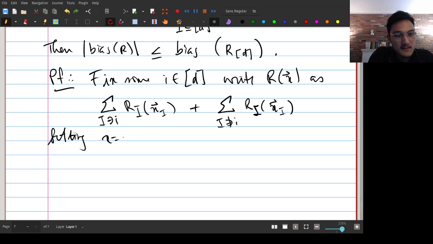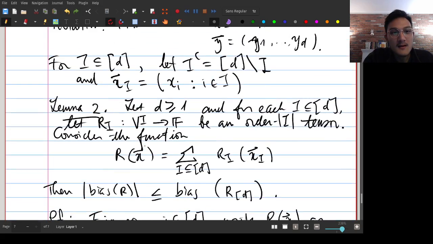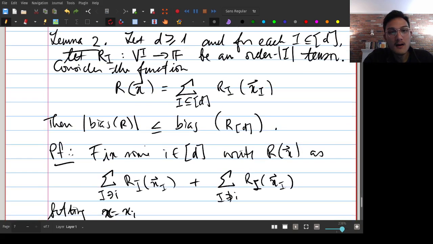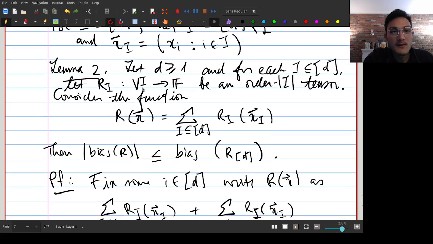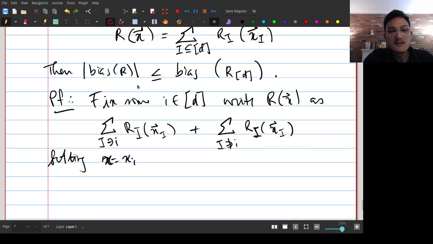Now, setting x to be x_i, it's a single element of one of the v's, which is F to the n.